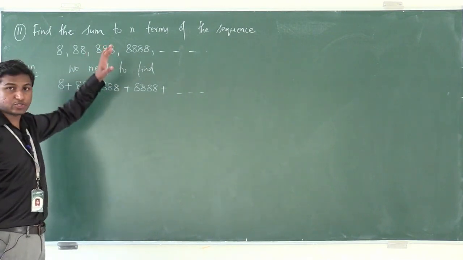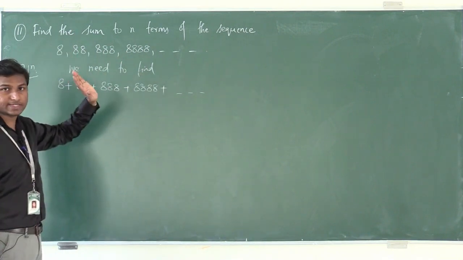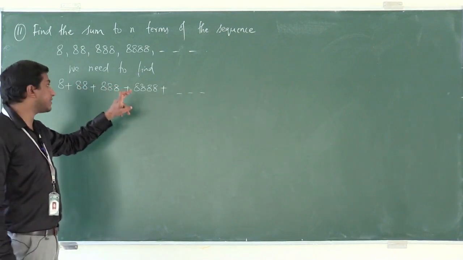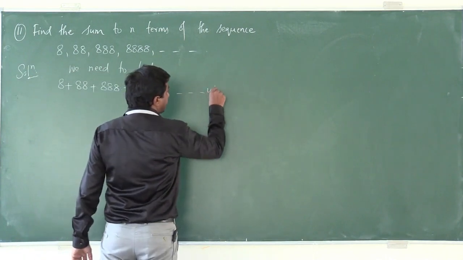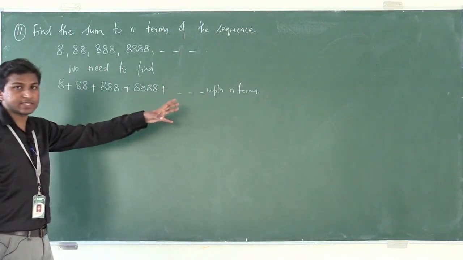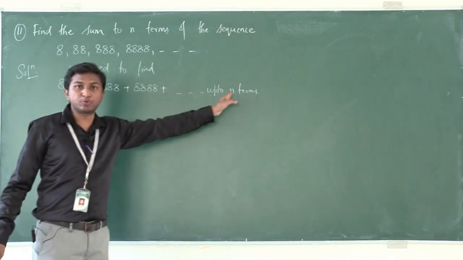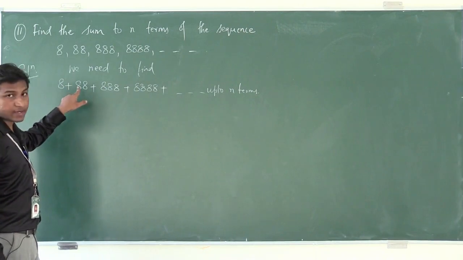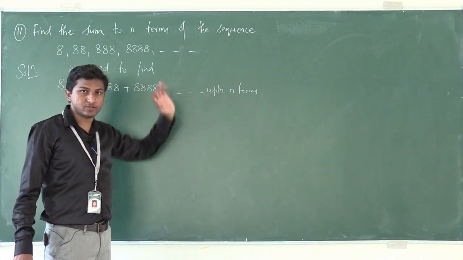The question is asking us to find the sum to n terms of this particular sequence, that is 8 plus 88 plus 888 plus 8888 plus so on up to n terms. So the sum to n terms is nothing but adding the terms of this sequence up to n terms.